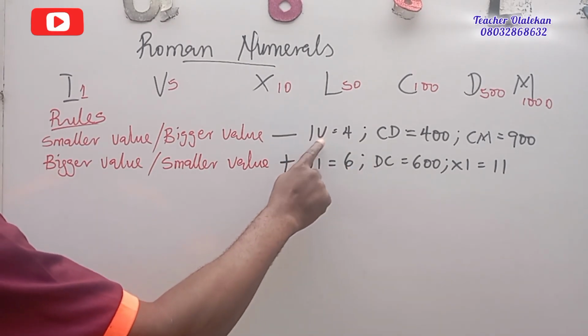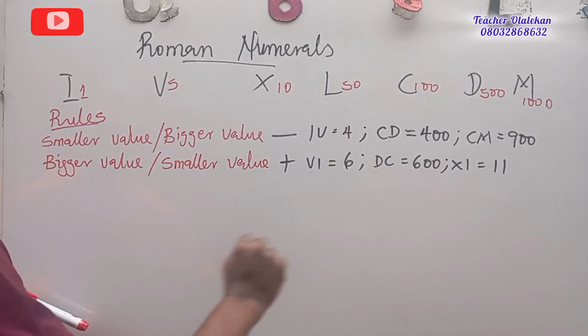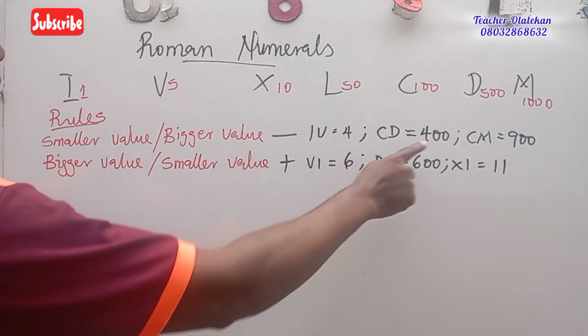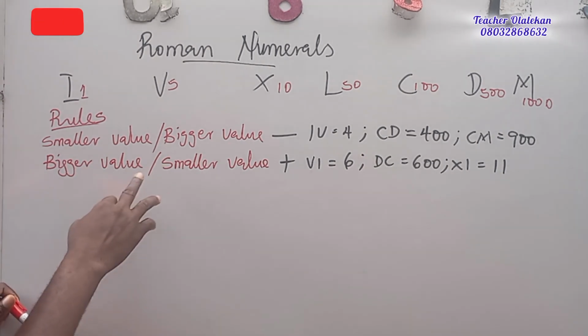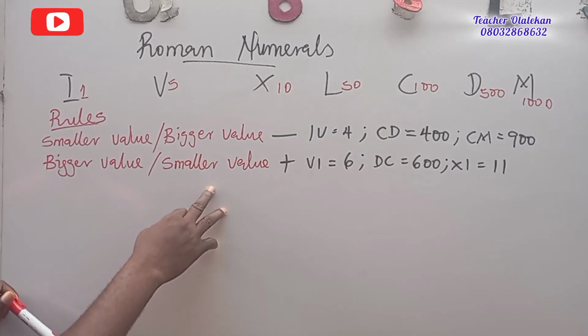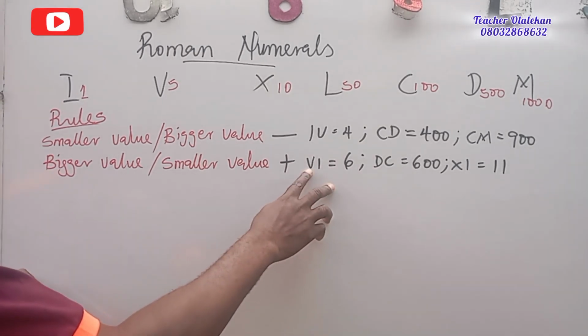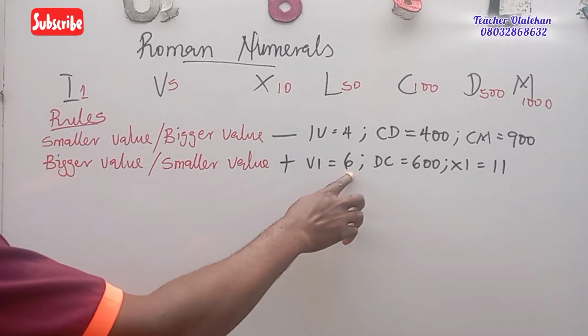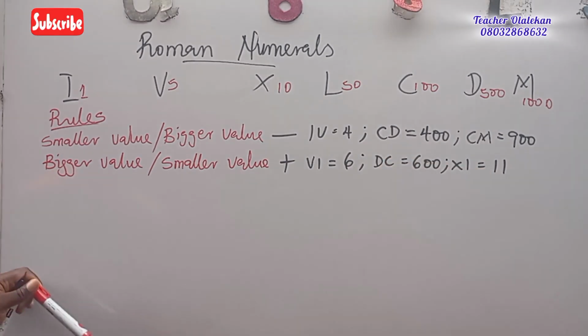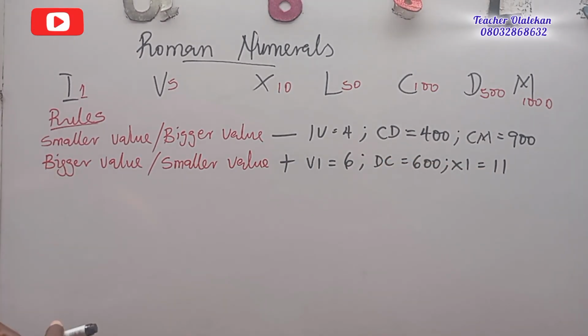So we have 5 minus 1, making 4, and 500 minus 100, making 400. And if there is a bigger value to the left of a smaller value, it means you add up. So like we have 5 plus 1, which is 6, and so on, as you can see on the board.